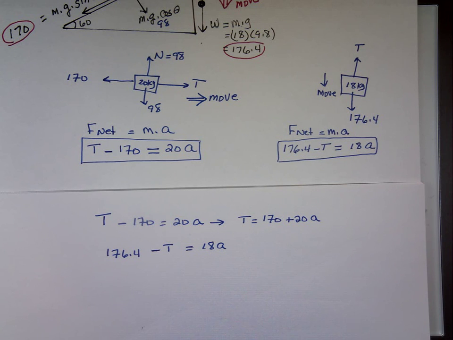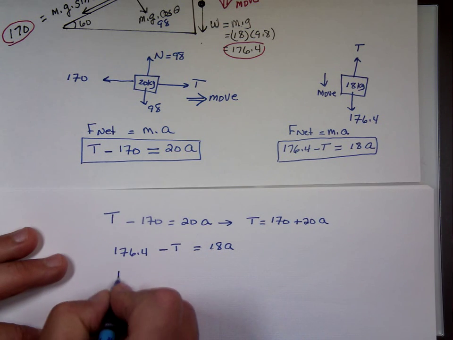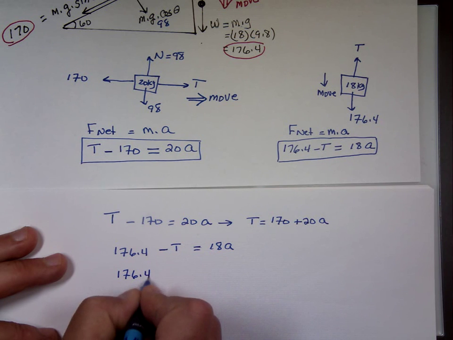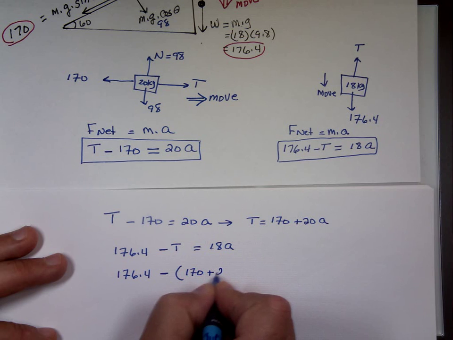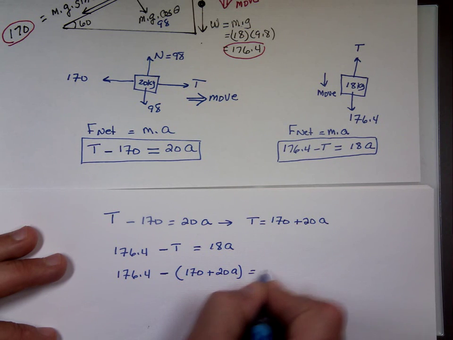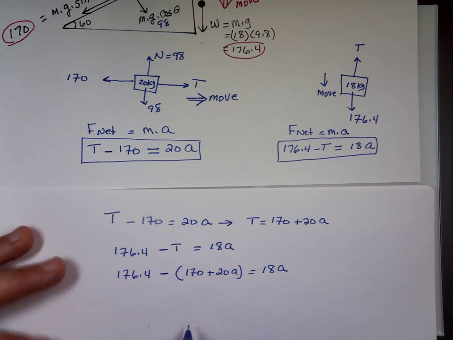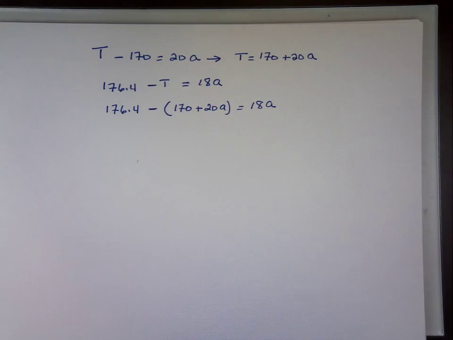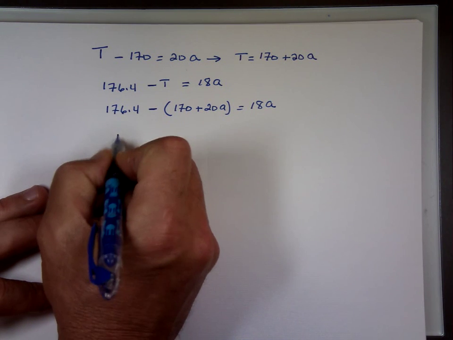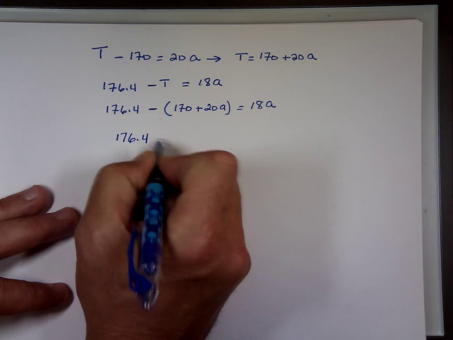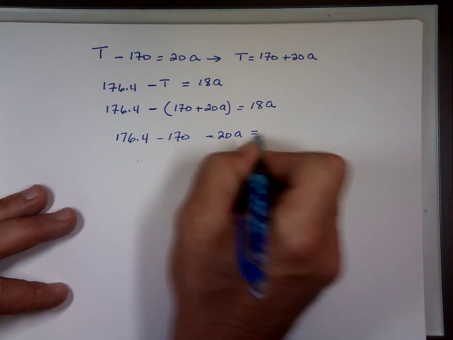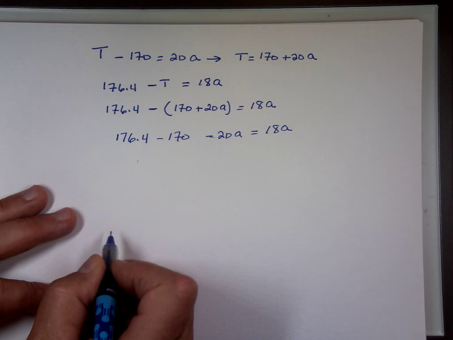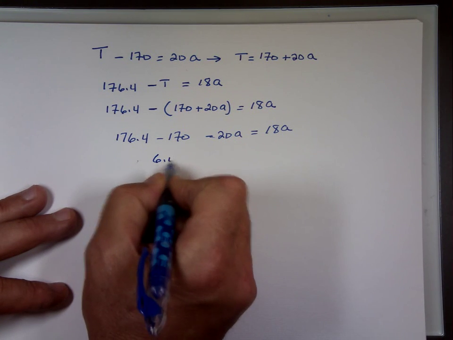You come back here and plug it in: 176.4 minus t, which is 170 plus 20a. 176.4 minus 170 minus 20a equals 18a. 6.4 minus 20a.